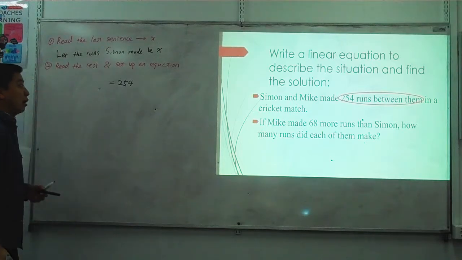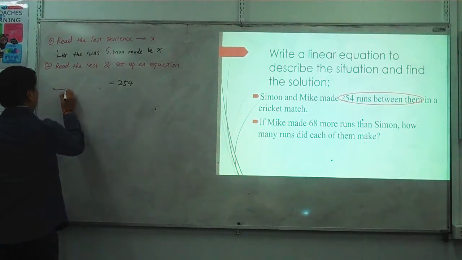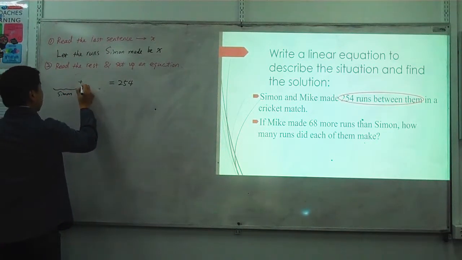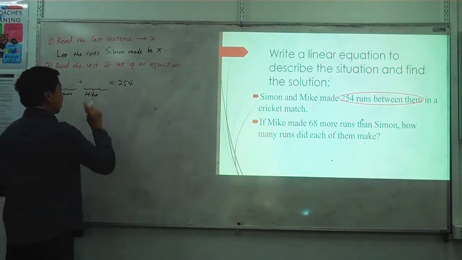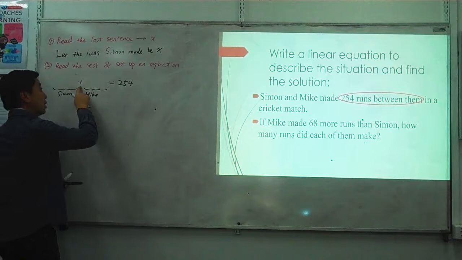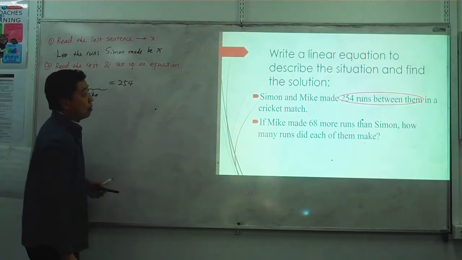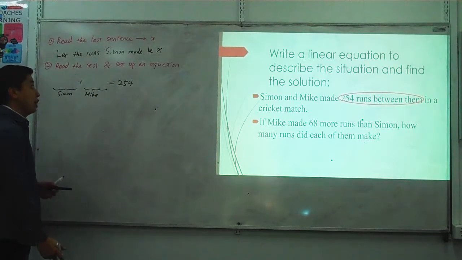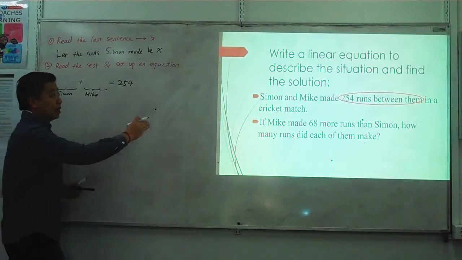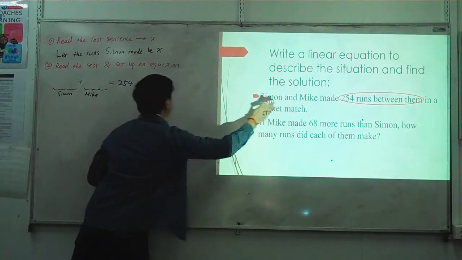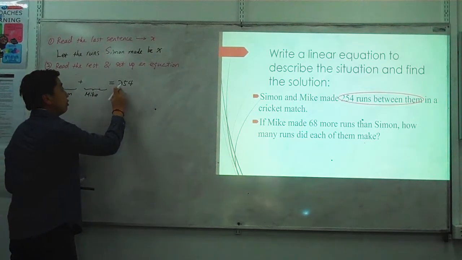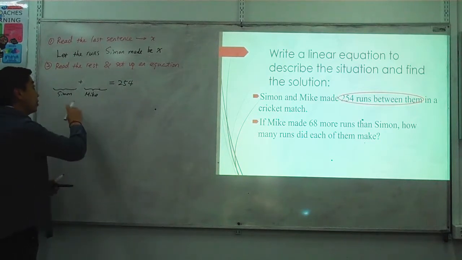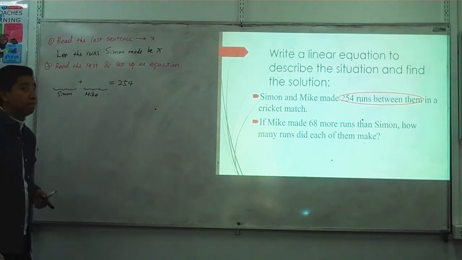And we have to find out how many runs Simon made plus how many runs Mike made, and then we add them together as the total runs they have made. So from this sentence, we know Simon and Mike made 254. From this description, we can set up this kind of writing.